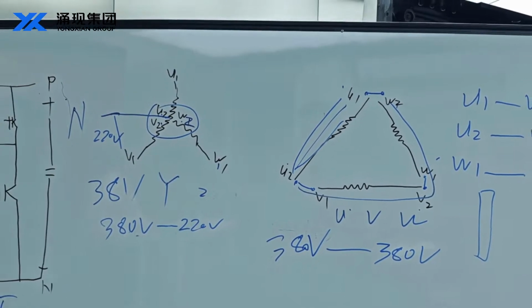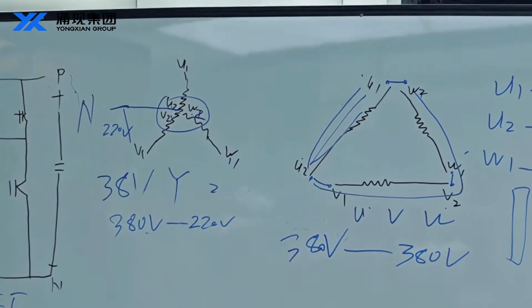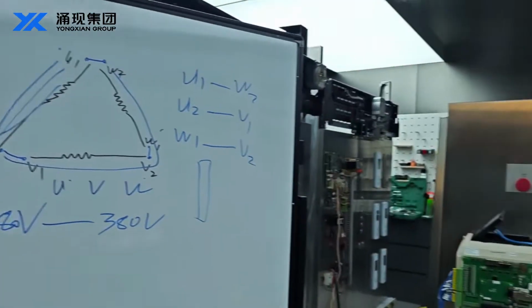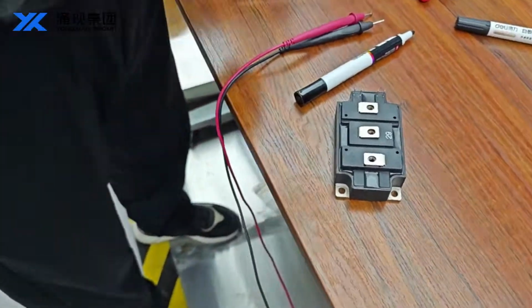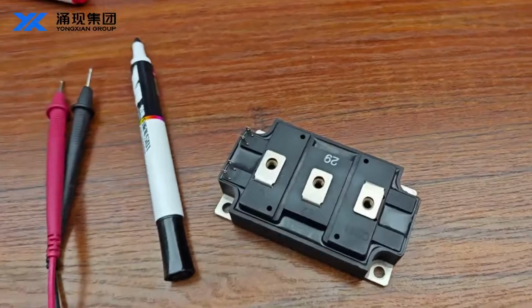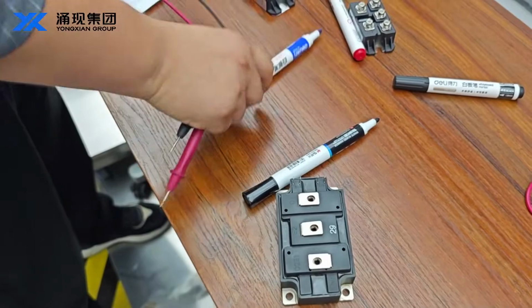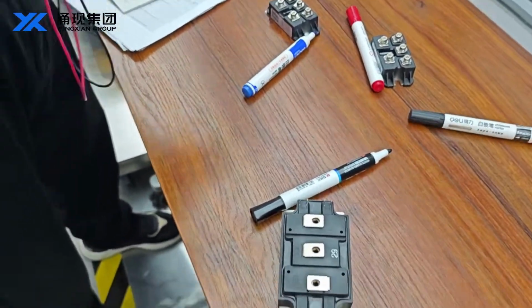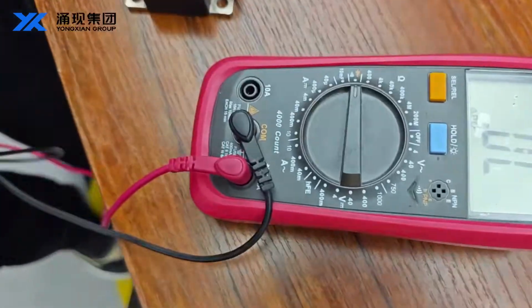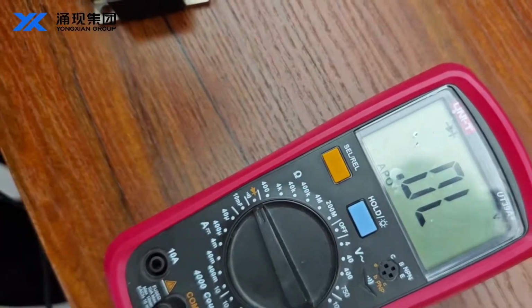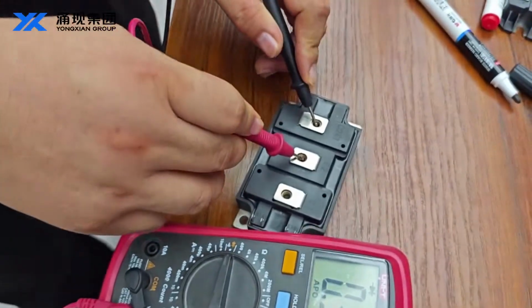Now we happen to have an IGBT module, so we can test it on site. The IGBT also has two diodes connected in parallel.